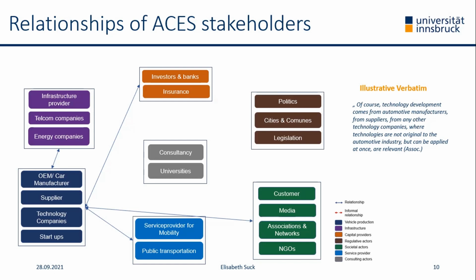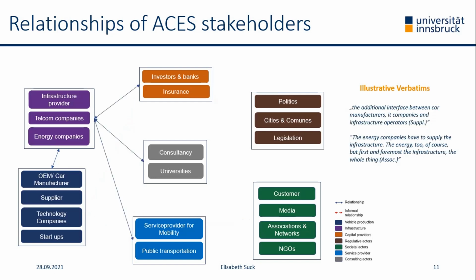This means the infrastructure where the car operates in the future, then the capital providers to get the necessary investments, and surely the buyers of the product, which means here, for instance, customers, but also the service providers, which buy the cars to operate with them in the future.